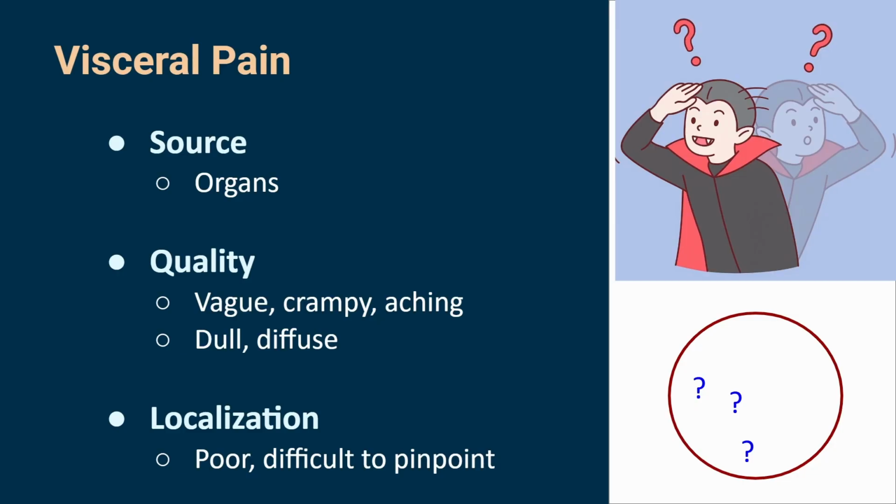But if my appendix is starting to get inflamed, I don't have sensory nerves in there, and it just feels like this generic, vague, visceral experience. Which means if you suspect appendicitis and they have a positive McBurney's point, what have you discovered about their condition?